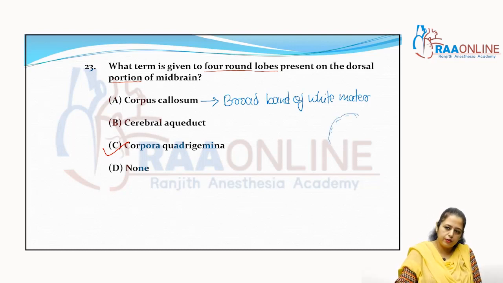That cerebrum is divided into two parts by a longitudinal fissure, right? And forms the right and left cerebral hemisphere. So that broad band of white matter is known as the corpus callosum, right?